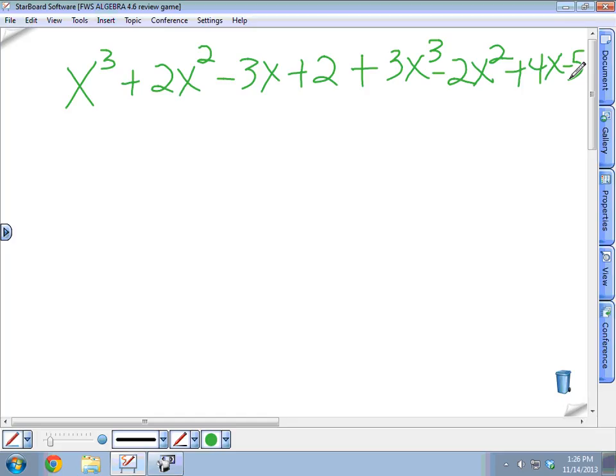Cubed. Okay. Minus. So there's a 4x and a negative 3.